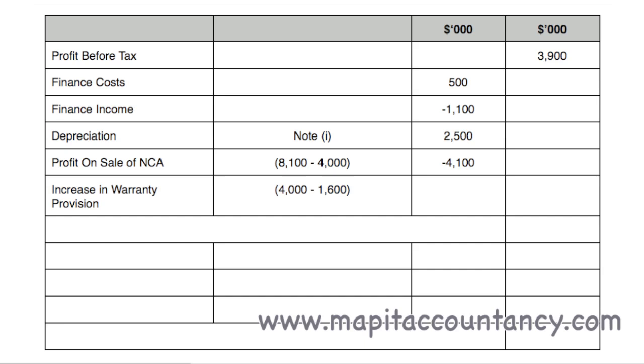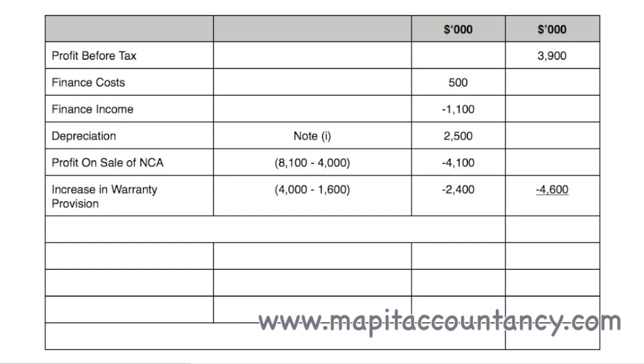So the movement is the 4,000 to the 1,600. That movement has been included in cost of sales. Well, that's not cash, so we're going to have to subtract that out, 2,400. It's a decrease in an expense, a decrease in an accrual, so that means it's effectively been credited to our income statement. So what we need to do is subtract that out.